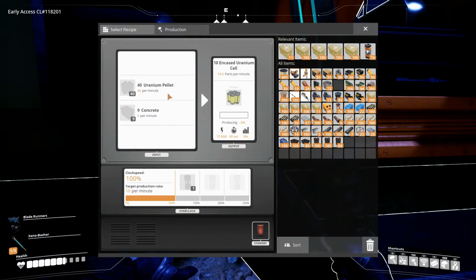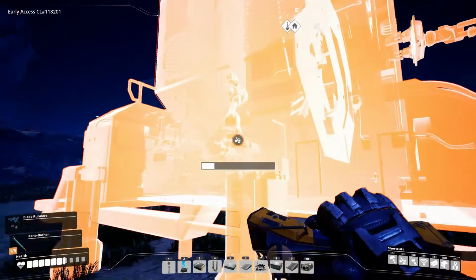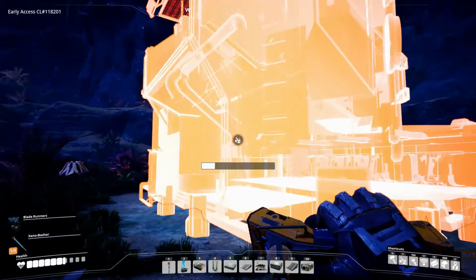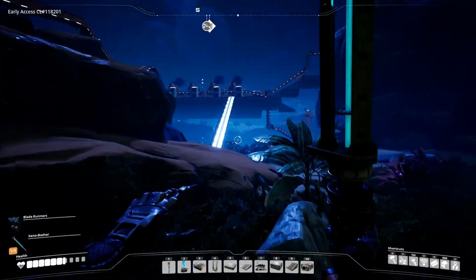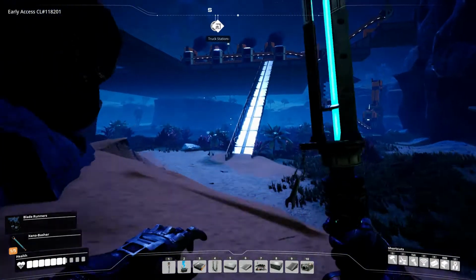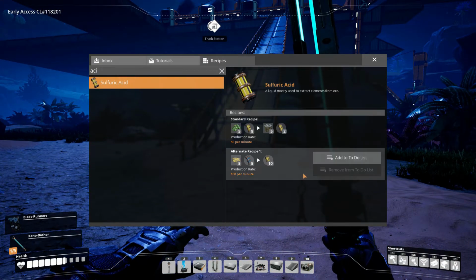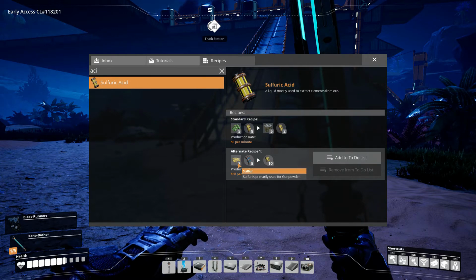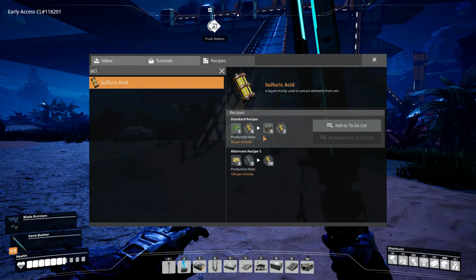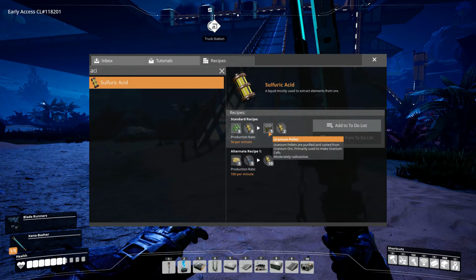Yeah, so this one only needs the radioactive part and concrete. And this one is like, you need 2 refineries to make the uranium pellet. In one refinery you make the sulfuric acid, yeah, you use sulfur and water, and then you add uranium to the next refinery.